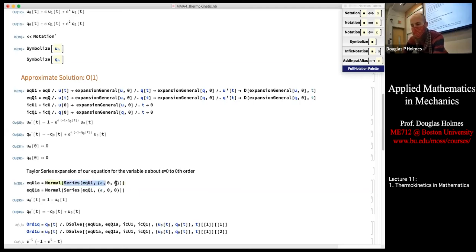So that's what this notation is saying. It says do the series of our equation in the variable epsilon about epsilon equal to 0 to 0th order.